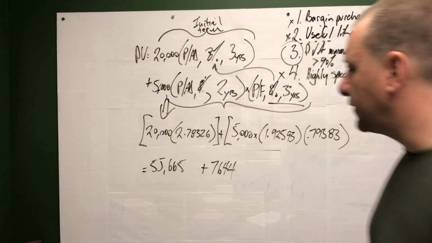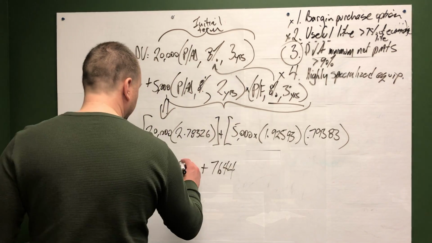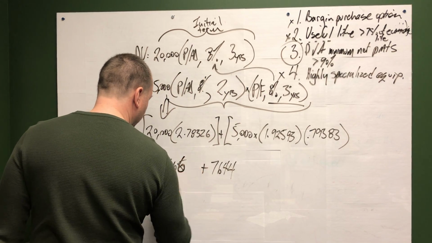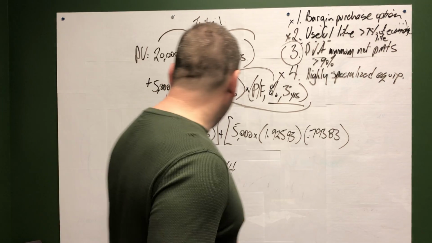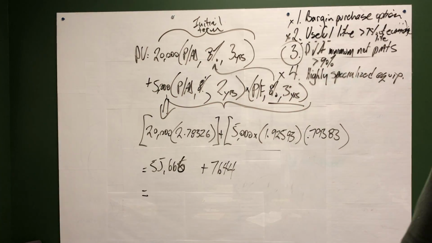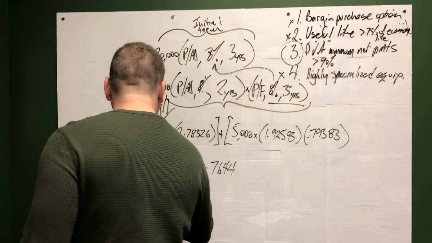Now, the textbook uses 65,666, so I'm just going to follow that as well. So in the end, when we add that all together, we get a present value of 63,310.